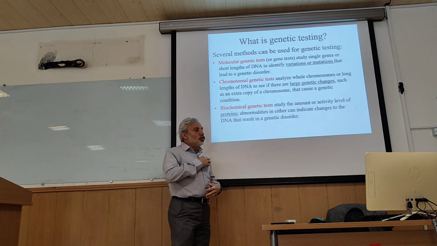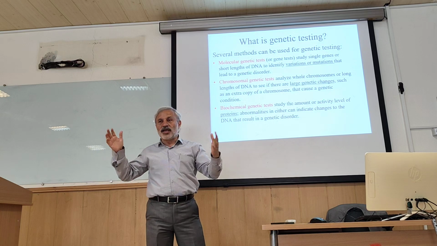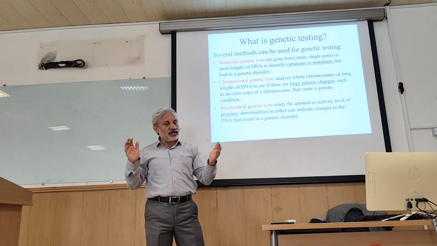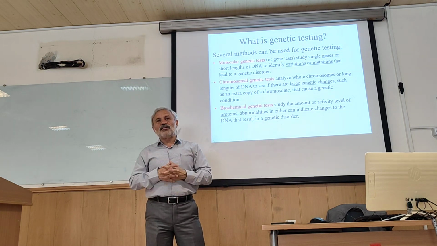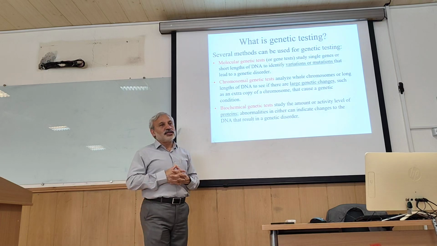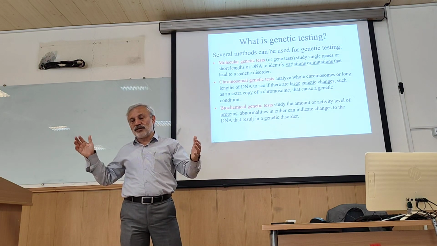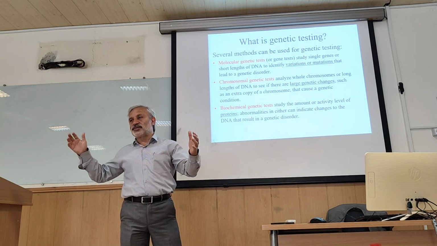Another one is a group of T, C, G, T, C, A, a group of base pairs. For example, 1 KB, 1 kilo base pair, 100 kilo base pairs, or a few mega base pairs.